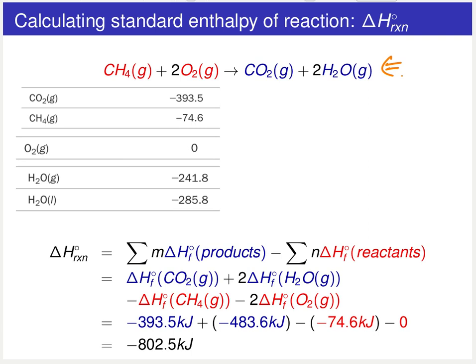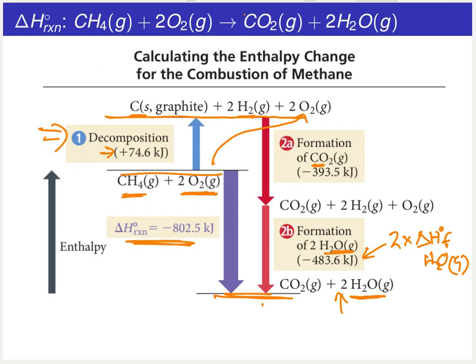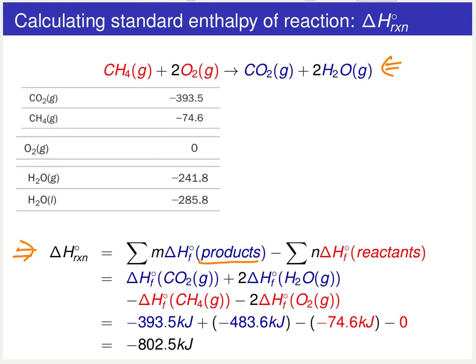It turns out the formula we're effectively following when we look through that diagram is given right here on the first line. What we're doing is summing up the enthalpies of formation of all the products, because we're going from the elements in their most stable form and forming products. Then we subtract off the enthalpy of formation of the reactants.